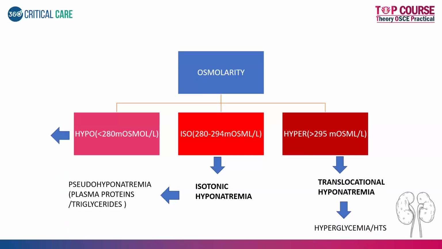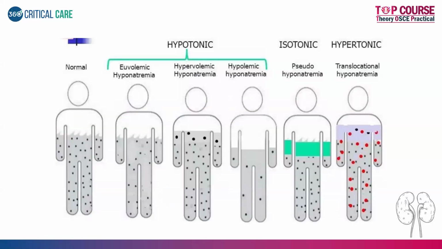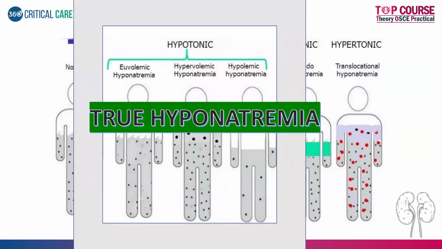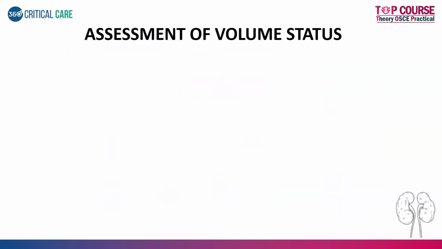Coming to true hyponatremia, it is usually hypoosmolar hyponatremia, that is usually less than 280 milliosmoles per liter. So in total, true hyponatremia refers to hypotonic patients, which may be either euvolemic, hypervolemic, or hypovolemic. These are the patients who contribute to true hyponatremia.